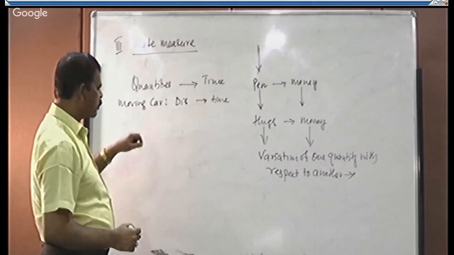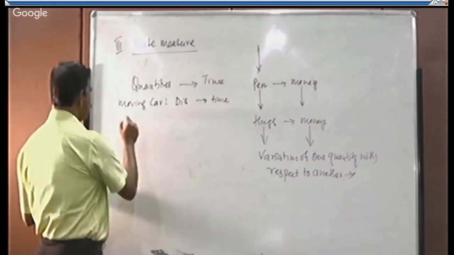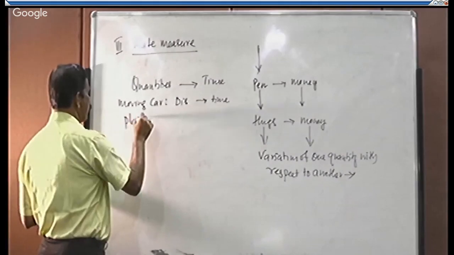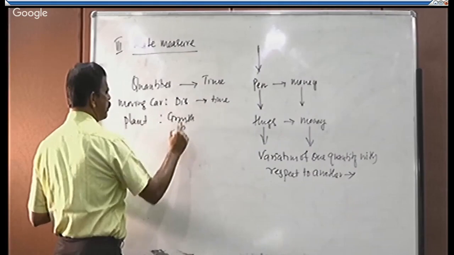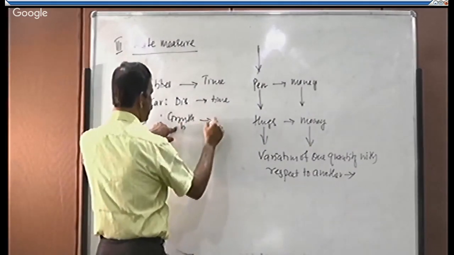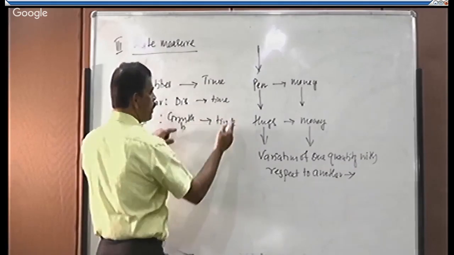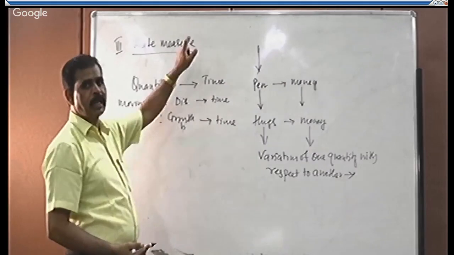The distance covered by a car always varies with time. If I take a plant, the plant growth, growth means height. The height of the plant always varies with time. As time lapses, the height of the plant always increases.